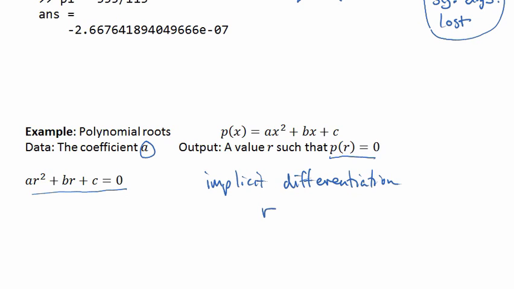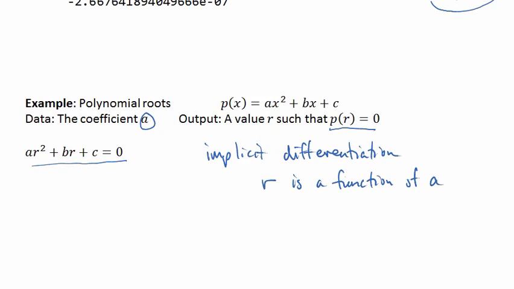What we're saying is that r is a function of a. If a changes, then the root changes. So that means we can differentiate both sides of this equation with respect to a. Okay, a depends on a and r depends on a, so this first term has a product rule.